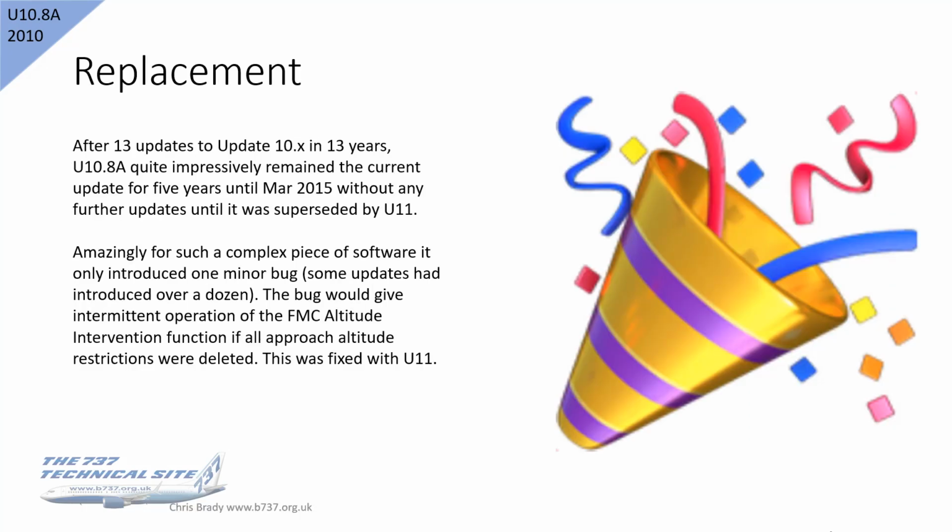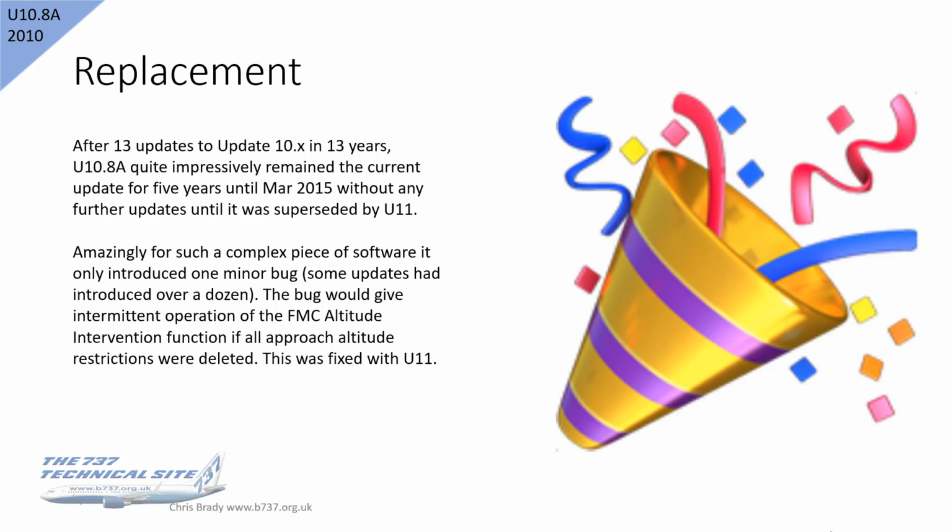The replacement, after 13 updates to update 10, or the update 10 family, in 13 years, so that's one a year, update 10.8A really quite impressively remained the current update for 5 years until March 2015, without any further updates until it was eventually superseded by update 11.